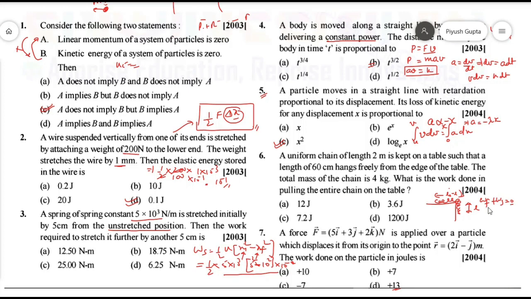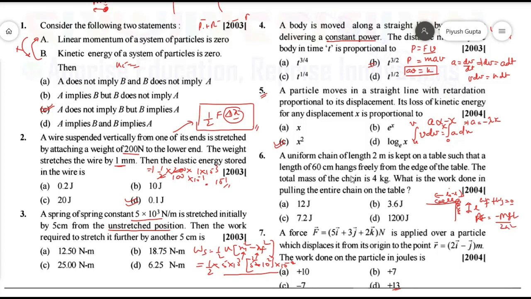So work done by the external force is basically the negative of the work done by gravity. The negative of the work done by gravity is basically the change in potential energy of the chain. Okay, so you're just going to use that potential energy formula. Potential energy of the chain is minus mg L by 2n square, where n is the fraction.